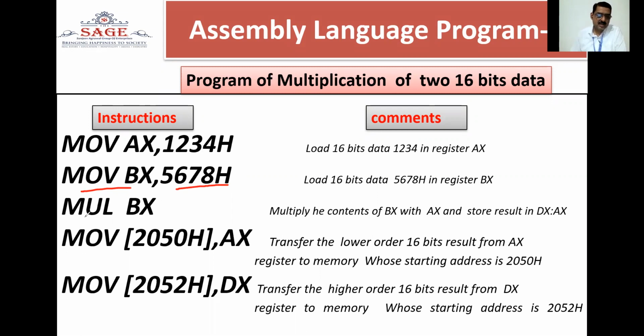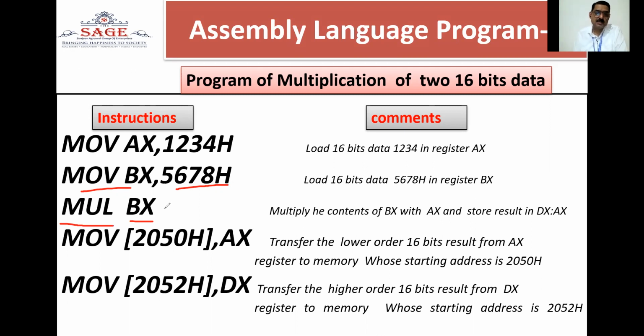Now for multiplication we will use the opcode MUL. The MUL opcode is used for multiplication, and only one register is given here. It should be remembered that for 16-bit multiplication, one data must be stored in the AX register.